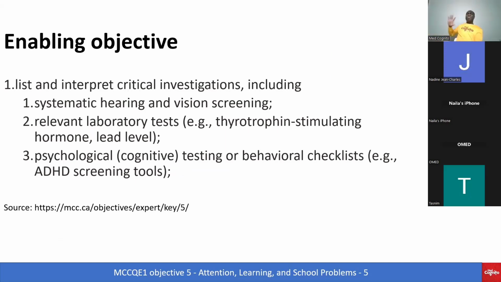Now, after we've looked at the features based on history and physical exam, the next objective says, list and interpret critical investigations, including systematic hearing and vision screening, relevant laboratory tests like thyroid stimulating hormone, lead level, and psychological cognitive testing or behavioral checklists like ADHD screening tools.